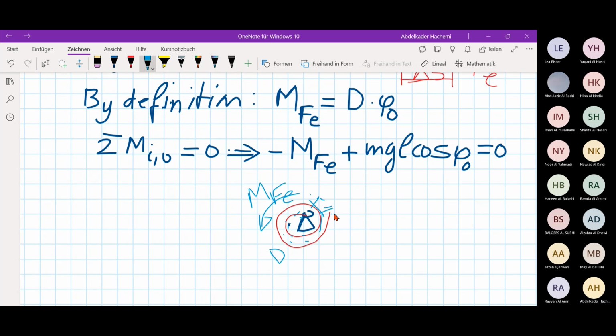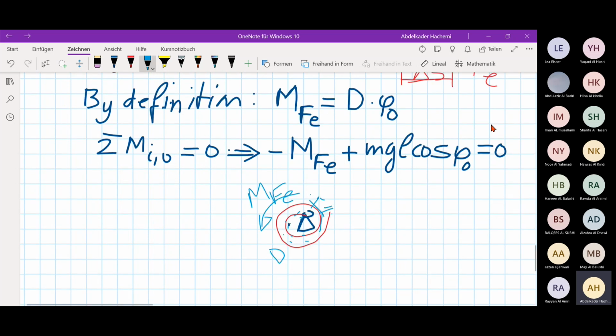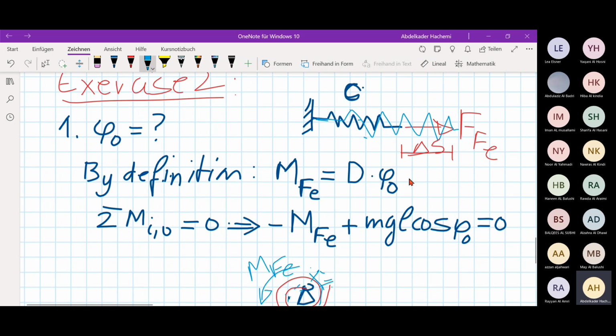Okay. This is now, let's say, by definition. Nearly the same formula, but of course, the moment here is in Newton meter. Here, it's Newton. Okay. Now, it's nearly the same formula. Let's say not the same formula.